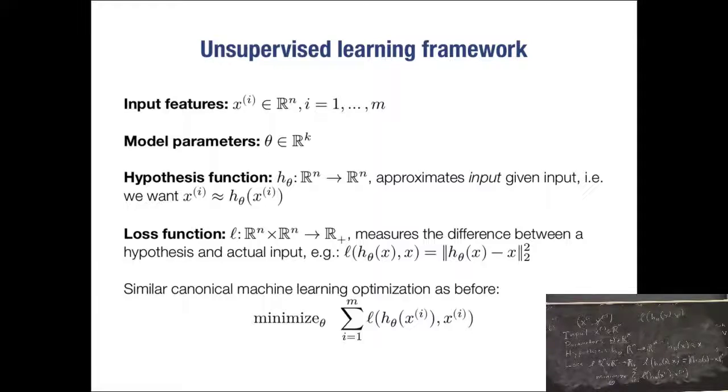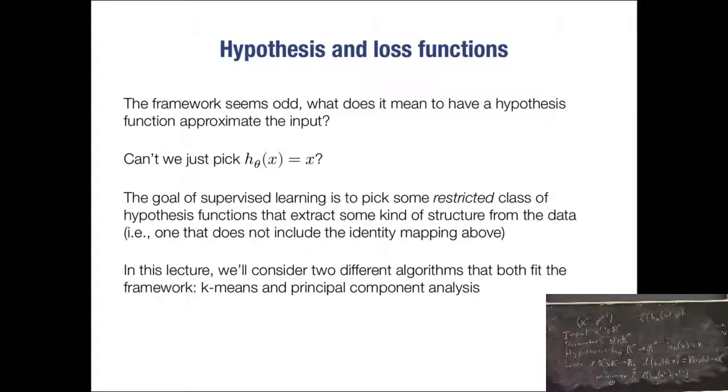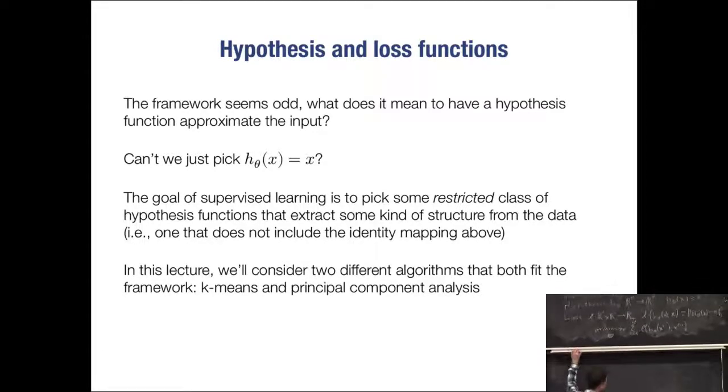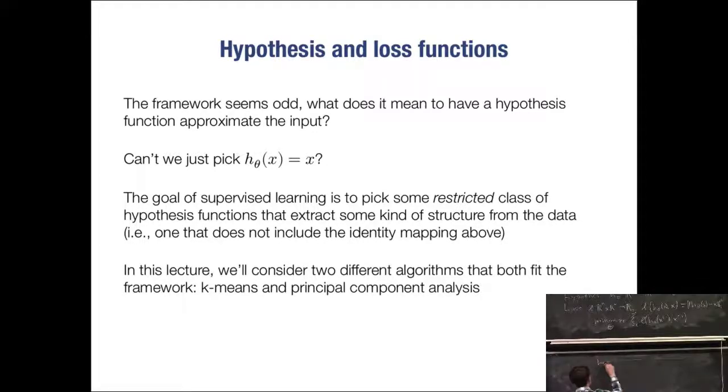So this seems odd. I'll jump in now and say this seems odd, right? This doesn't seem normal, because I've talked about how we want to predict some output, and the output of the hypothesis function is just the input to that function, right? Which seems very simple. Why can't we just pick the function h theta of x equals x?